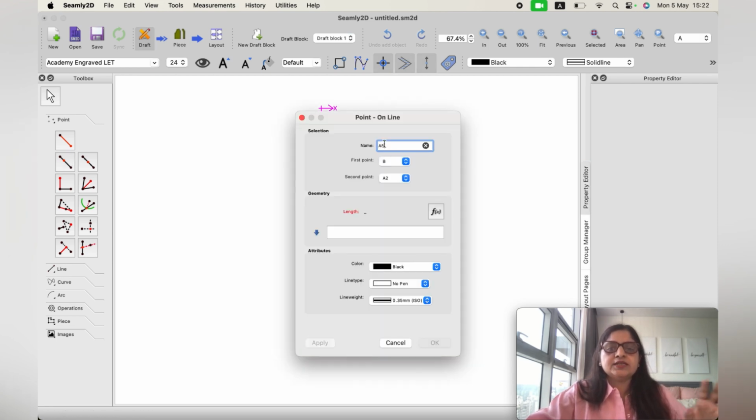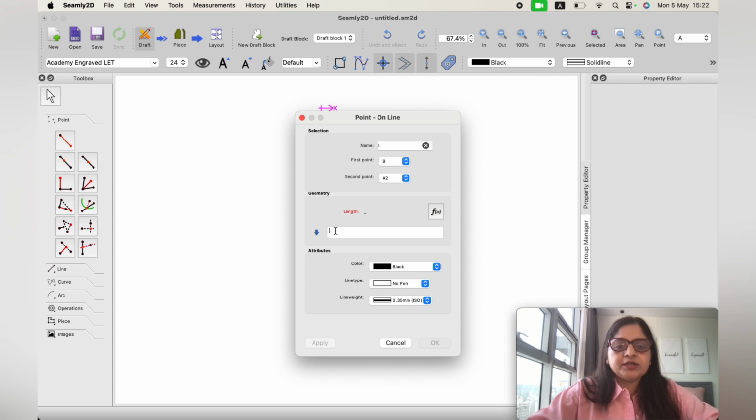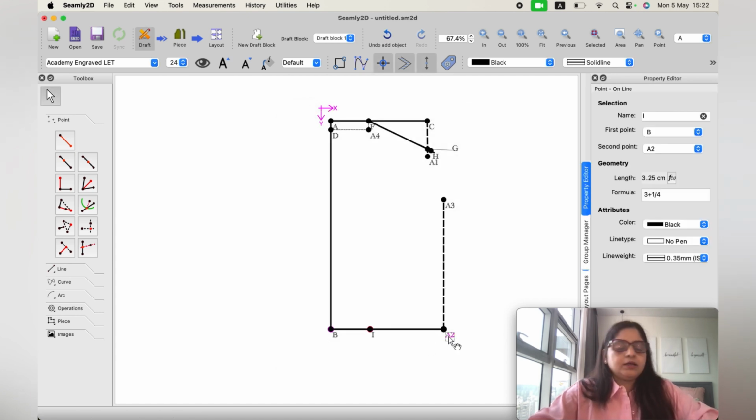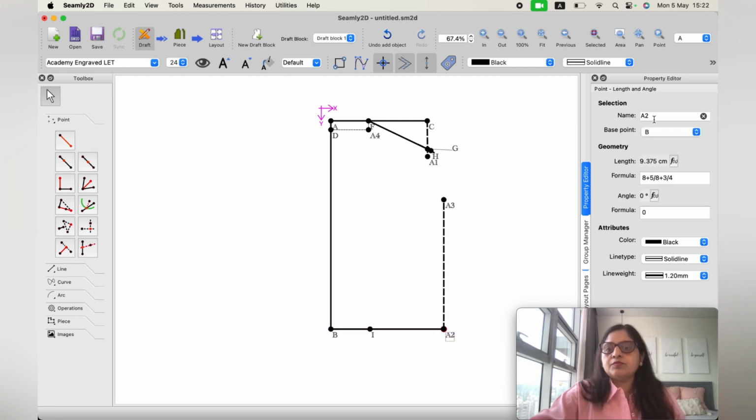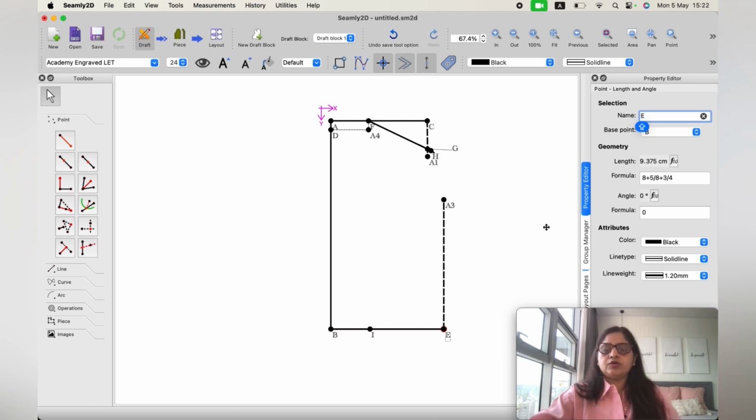The measurement is 3 plus 1/4, and I'll name it I. Actually I missed something: this point name should be E. I forgot to change that.